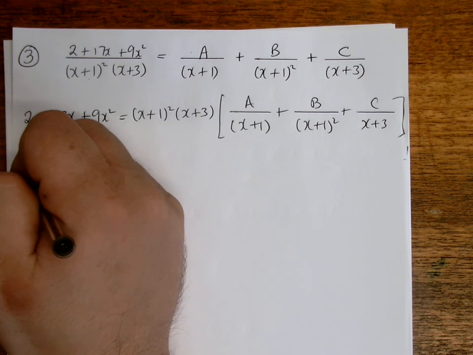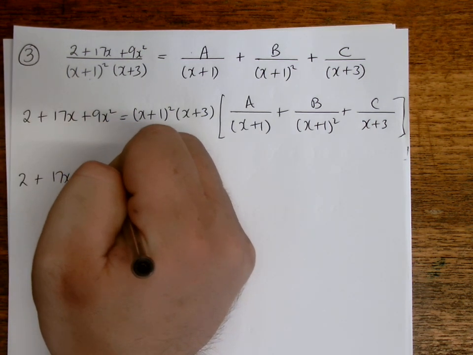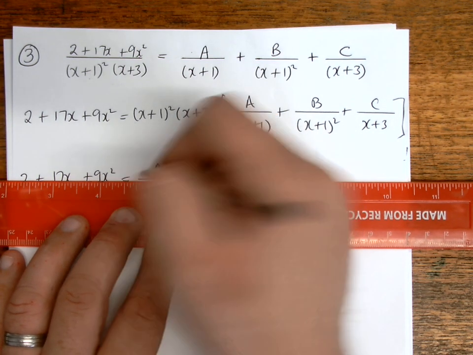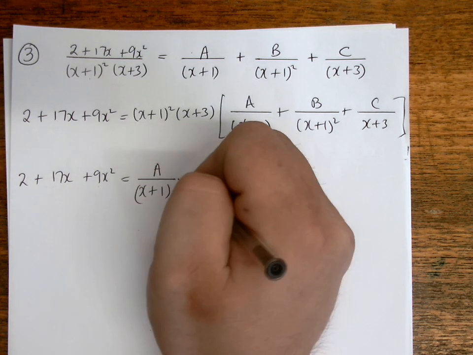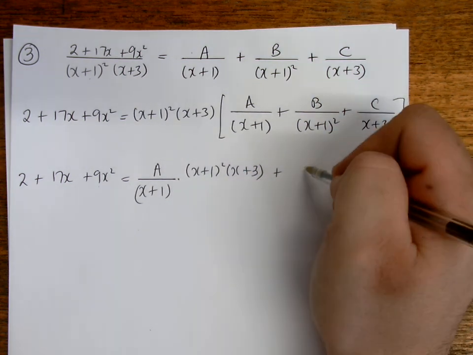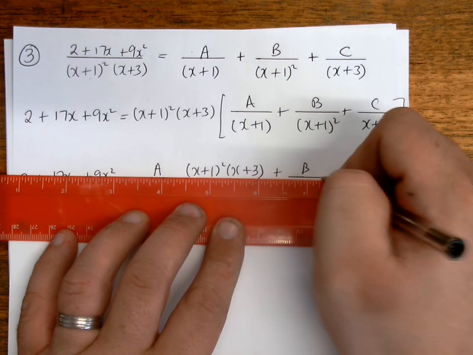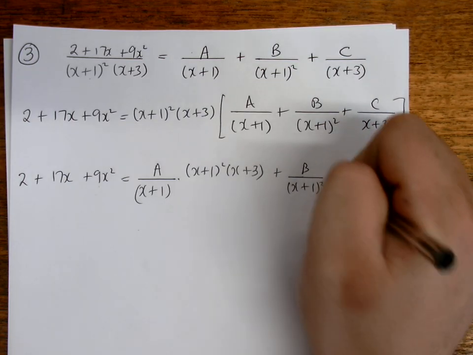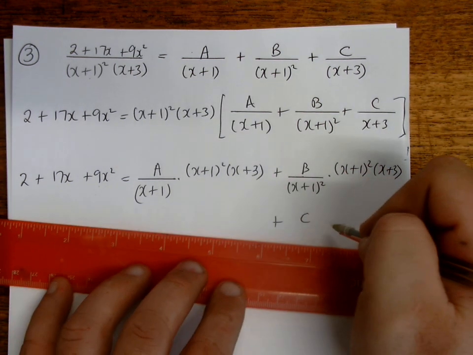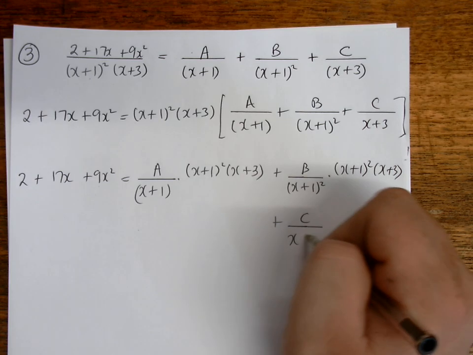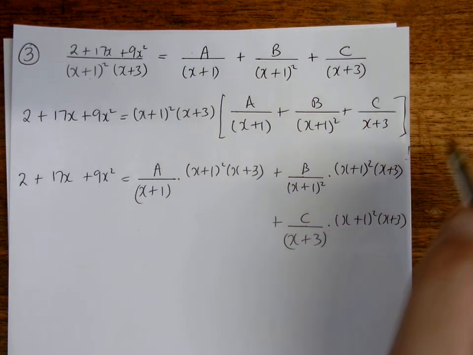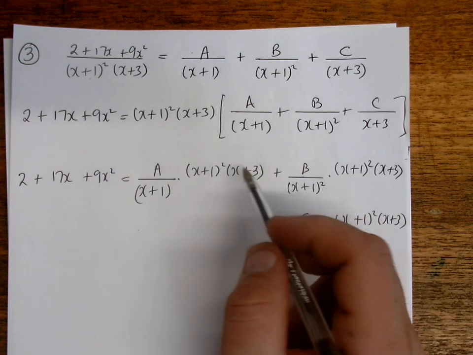So this multiplies through: 2 plus 17x plus 9x squared equals A over x plus 1 times x plus 1 all squared x plus 3, plus B over x plus 1 all squared times x plus 1 all squared x plus 3, plus C over x plus 3 times x plus 1 all squared x plus 3. So we multiply everything in there by these factors outside.